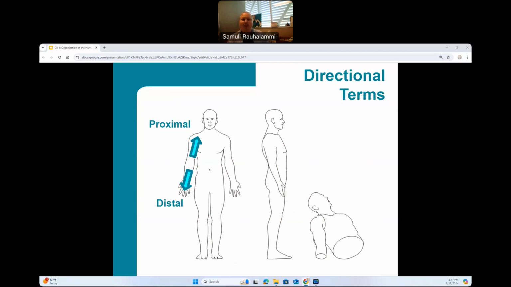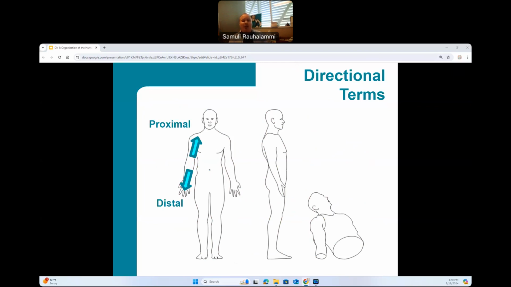Let's talk about proximal and distal. Proximal refers to something being close to the origin or close to the attachment to the trunk, whereas distal would be further away from the origin or away from the attachment to the trunk. So the shoulder is a very proximal part of the upper limb, whereas the fingers would be a very distal part of the upper limb.